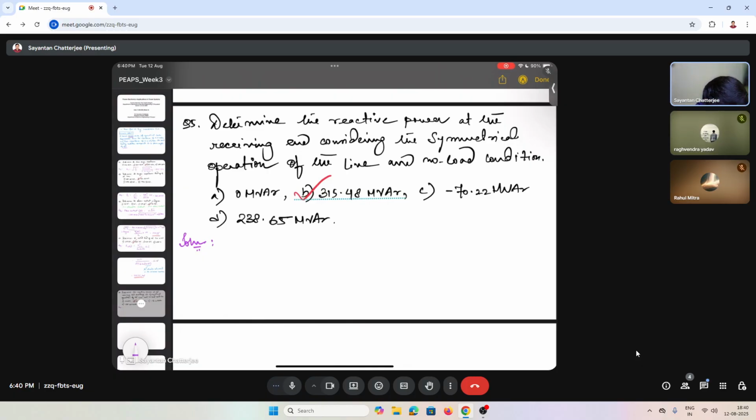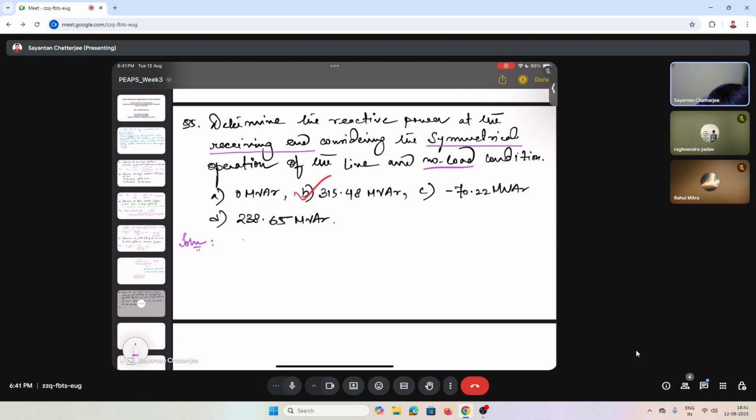So for the reactive part, we have the direct formula, but at the receiving end you should keep this in mind: the lines are also symmetrical, and the condition is no load.